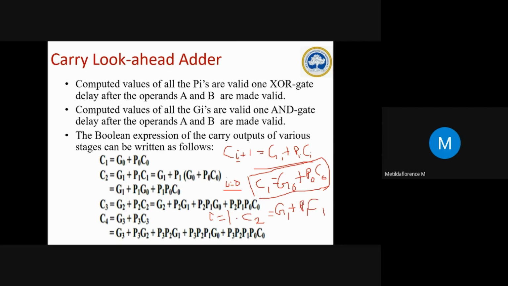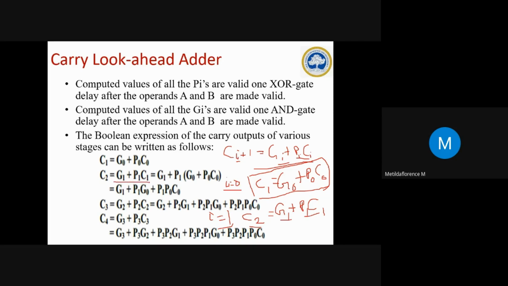How did I get C2? I am putting i value as 1, so 1 plus 1 is 2. C2 equal to, here Gi means G1 and Pi Ci means P1 C1. So here it is.